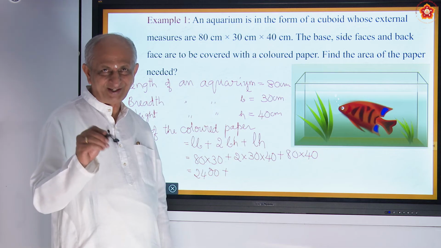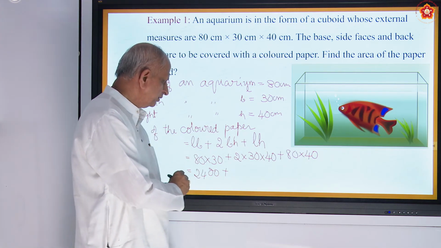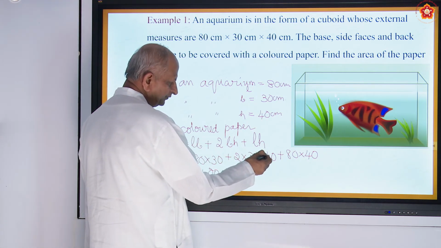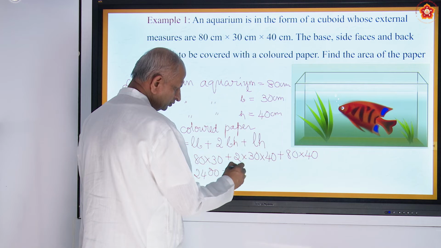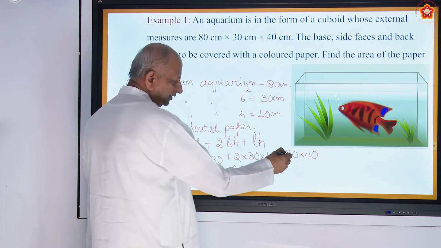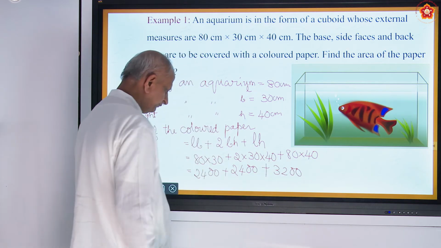No, you should write down, okay? Take the book and pen and note down. So 2 3s are 6, 6 4s are 24, 2400. 8 4s are 32, 3200.